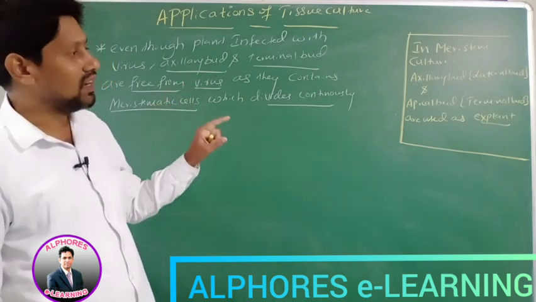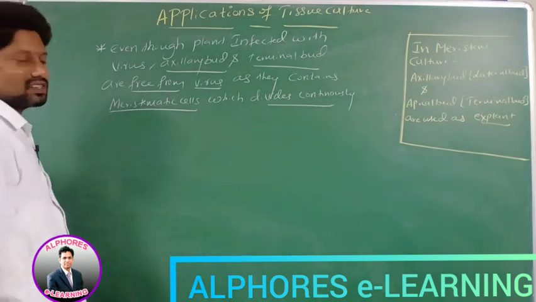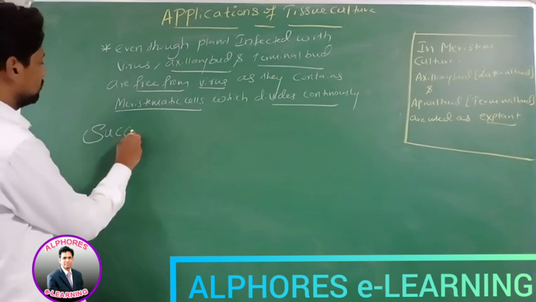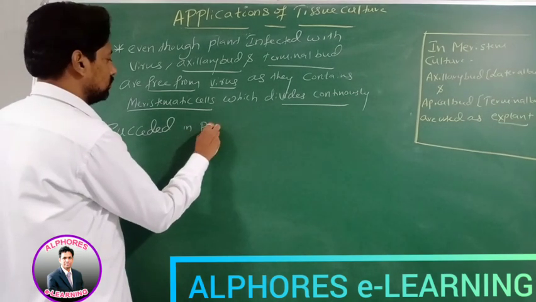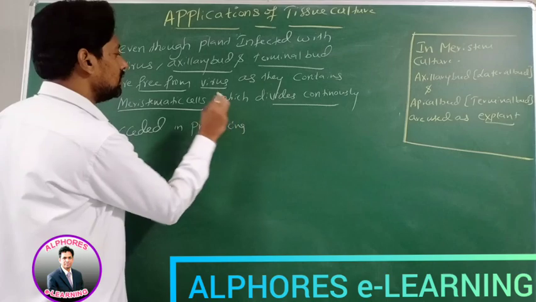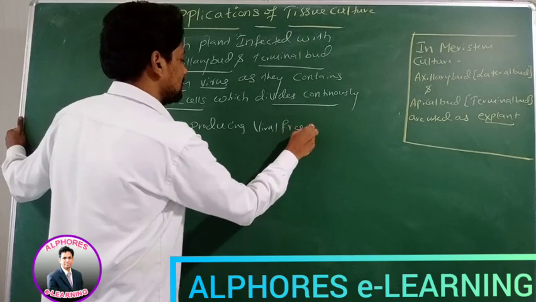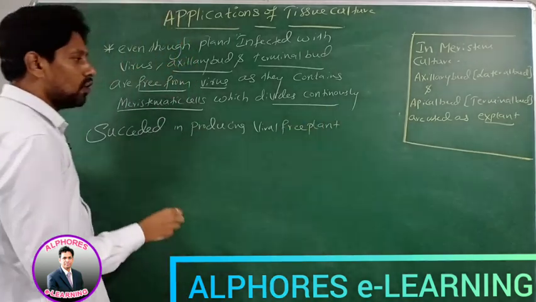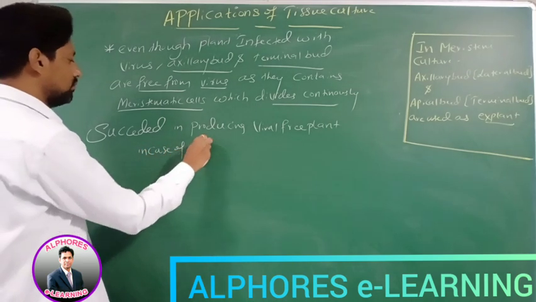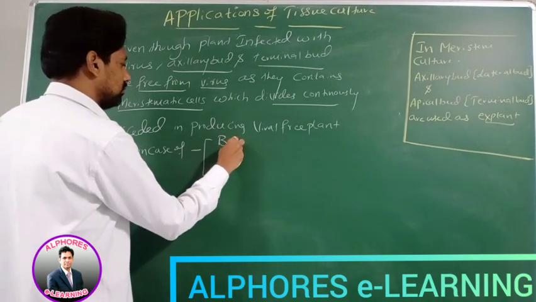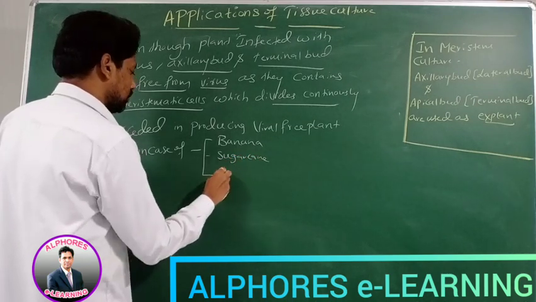Is this statement okay? We are discussing which culture? Meristem culture. Therefore, scientists succeeded in producing viral free plants in the case of banana, sugarcane, potato.